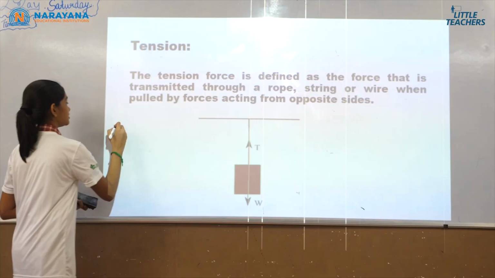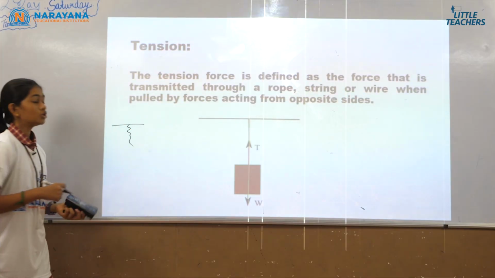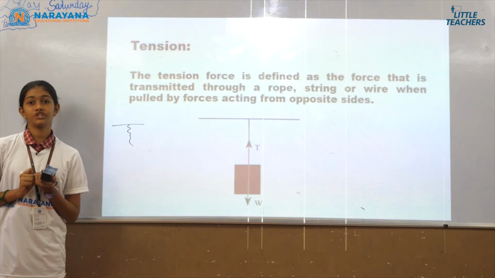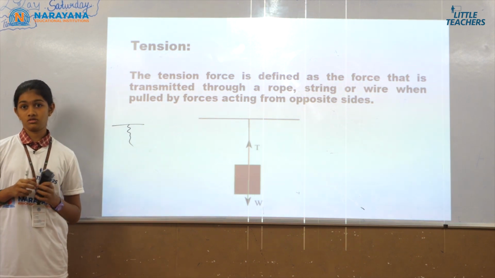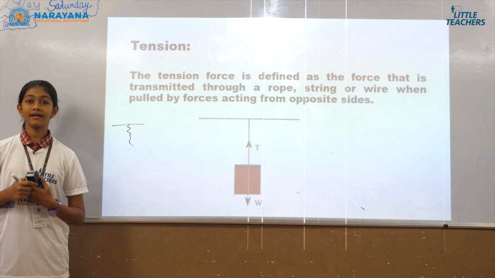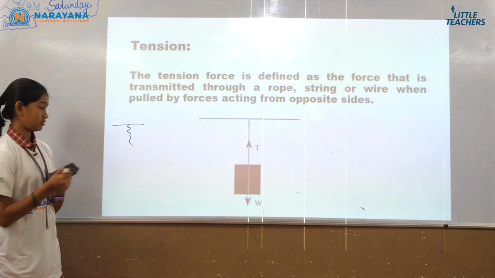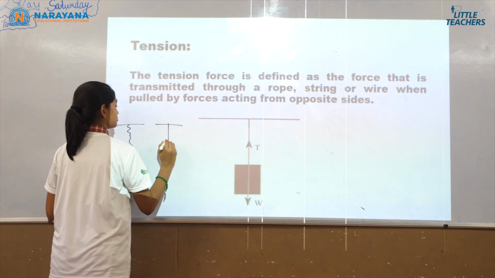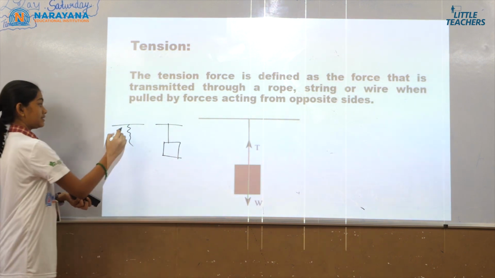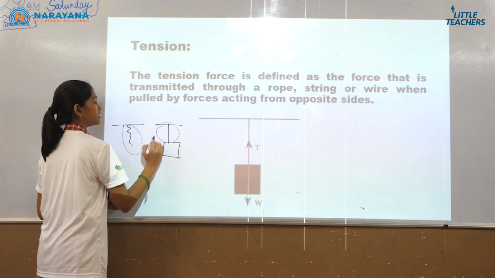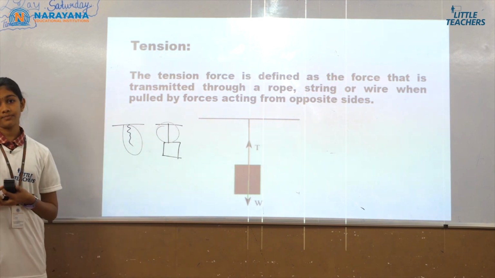Next we have tension. So what is tension? Now let me consider this. If I hang a string from this wall, it will be left in a really loose position. But what happens when I add a box or any other weight to it? You can notice that the position of the string has definitely changed. How is this possible?